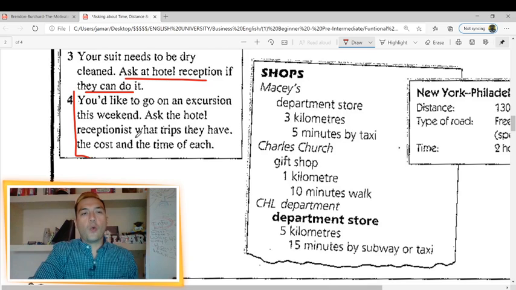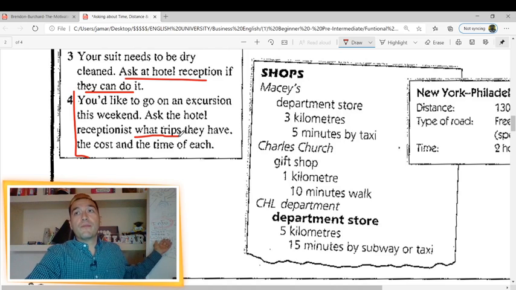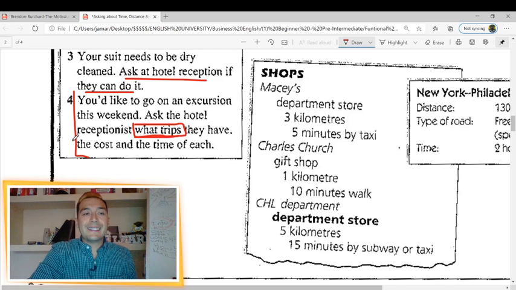Number 1, what trips? Look at that, they did it for you. What trips? That's the WH. Then they want the cost and the time of each.